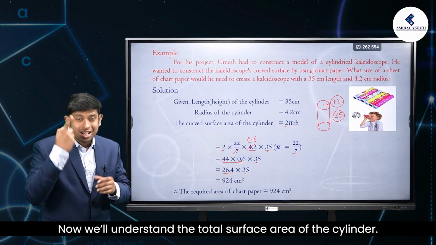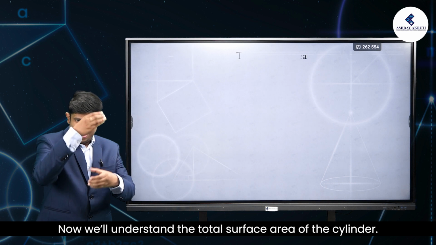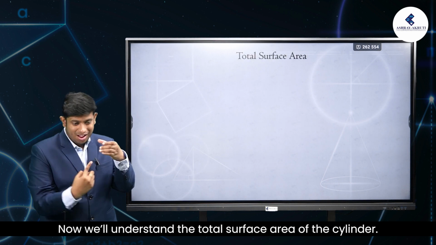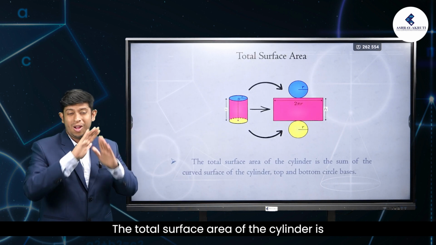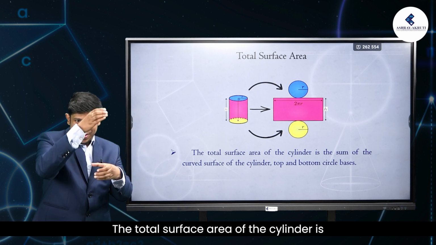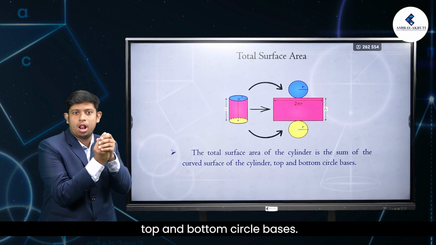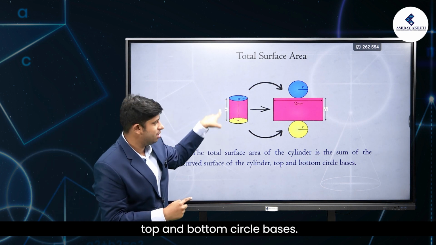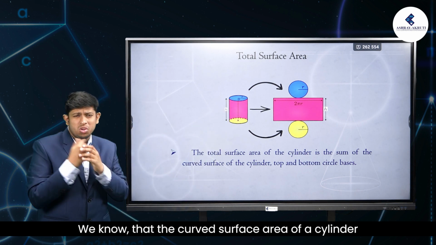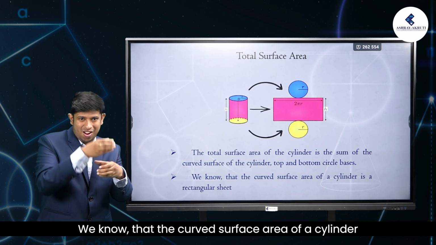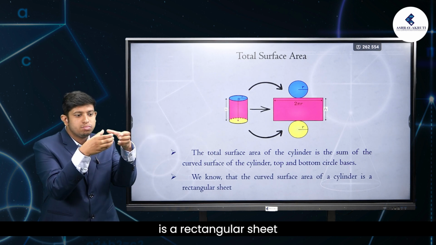Now, we will understand the total surface area of the cylinder. The total surface area of the cylinder is the sum of the curved surface of the cylinder, top and bottom circle bases. We know that the curved surface area of a cylinder is a rectangular sheet.